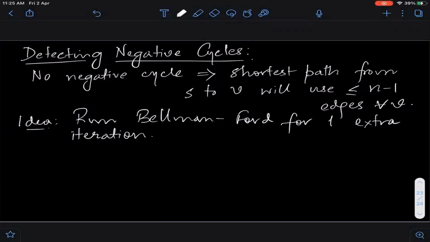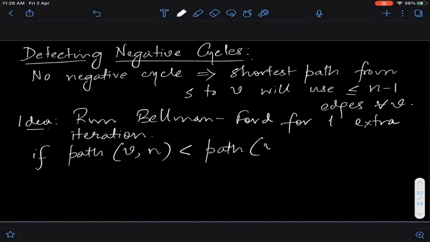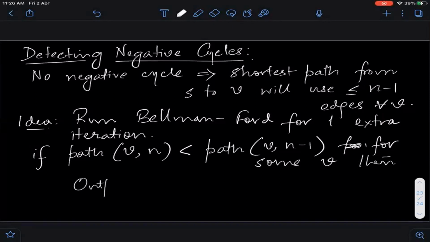So I run Bellman-Ford for one extra iteration. Now, if path(V, n) is less than path(V, n-1) for some V, okay, this is not required for every V. कोई भी V अगर ऐसा मिल जाता है आपको for some V, right, then output negative cycle.